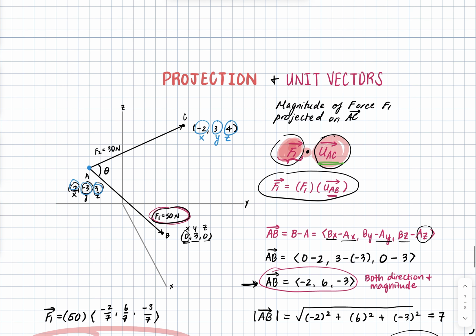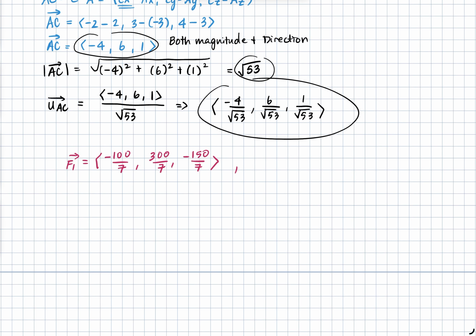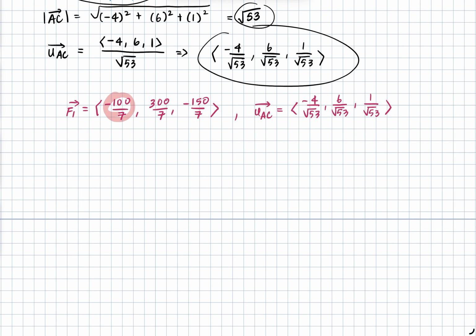And then I'm going to write down my unit vector AC over here. So UAC equals negative 4 over root 53, comma 6 over root 53, comma 1 over root 53. Okay, to do the dot product, all you're doing is multiplying each component together. So the x's are going to be multiplied together, the y's are going to be multiplied together, and the z's are going to be multiplied together. And then we're going to add each of them up.